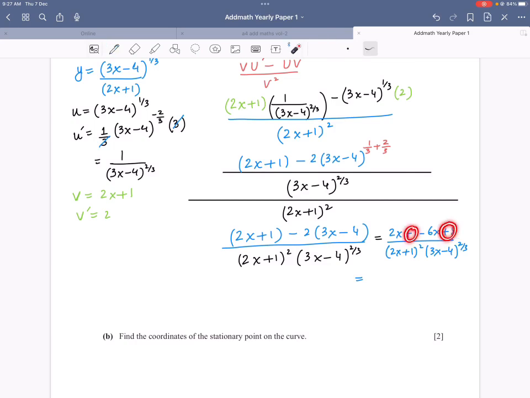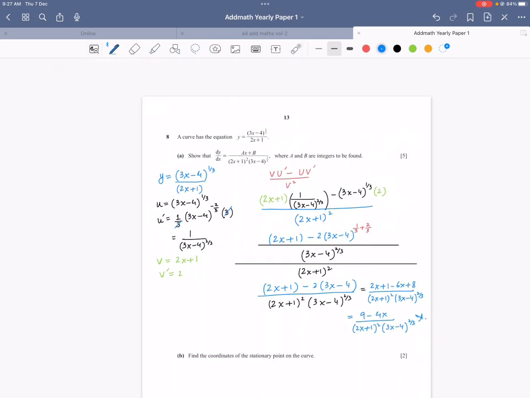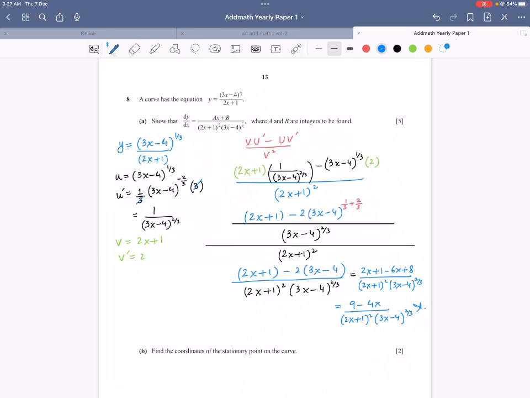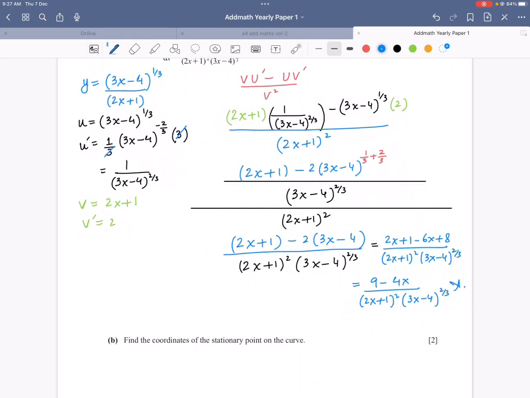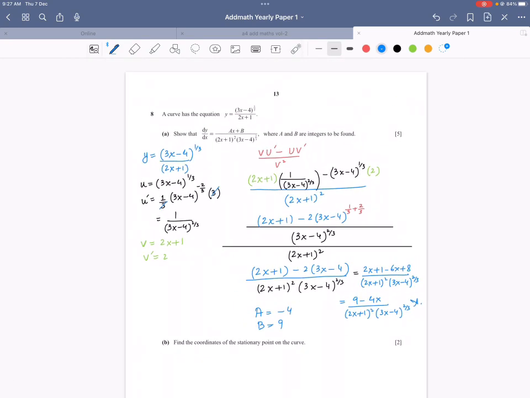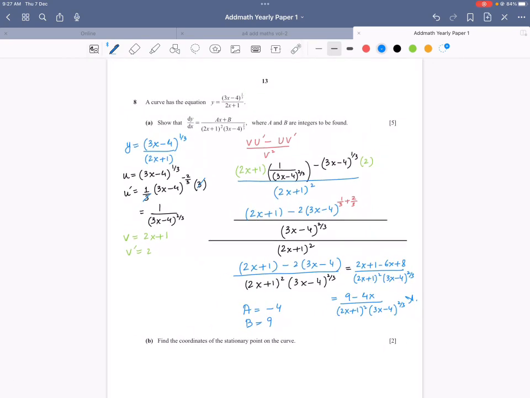So 1 plus 8 leads to 9, minus 4x, divided by the same denominator, (2x plus 1) whole square and (3x minus 4) to the power 2 over 3. That is your answer in terms of ax plus b. So a is negative 4 and b is 9. Whatever is with x is a and the constant is b.